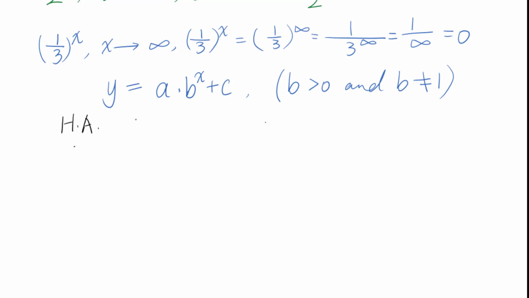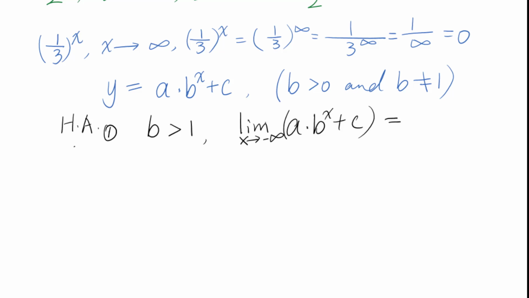For this exponential function, two situations. When b greater than 1, we will use a limit as x approaches negative infinity of a times b to the x power plus c. b to the x power when x approaches negative infinity will be 0. So a times 0 plus c will be c, which means y equals c is a horizontal asymptote line.